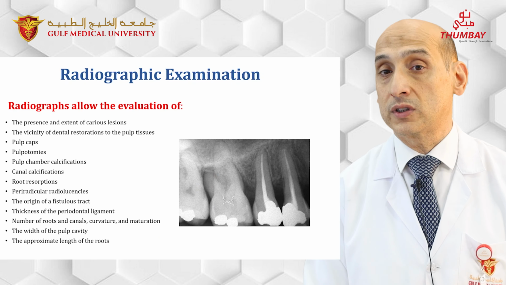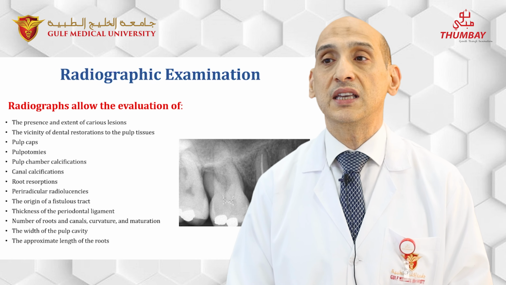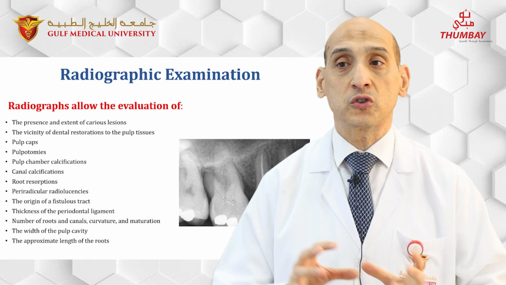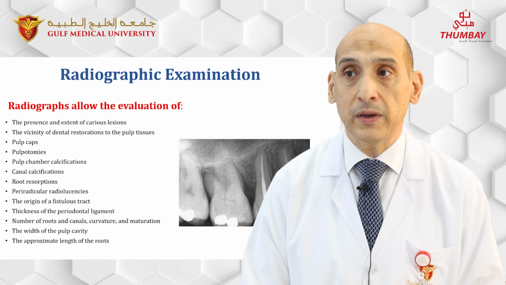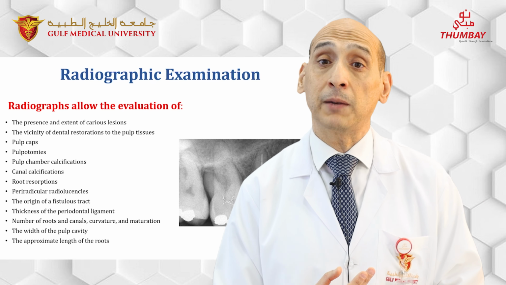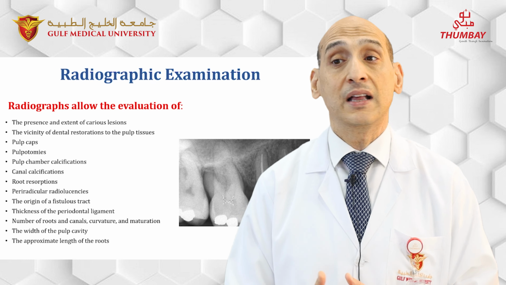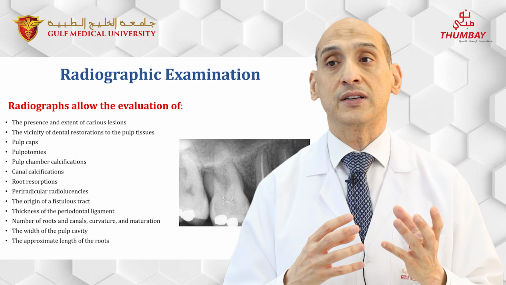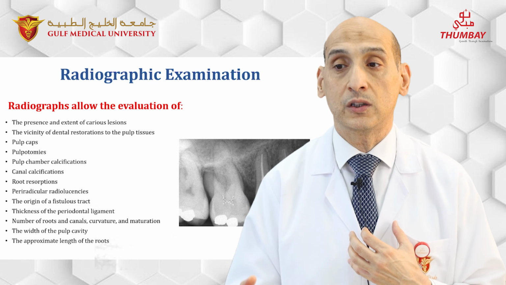Okay? So during the radiograph, I'm going to see if there's any caries and the approximation to the pulp chamber, if there's any deep restoration, if there's any previous pulp capping, if any pulpotomy has been done, if there's any calcification in the pulp chamber or root canal, any resorption. It will give me an idea about the bone, if there's any bone rarefaction or radiolucency.